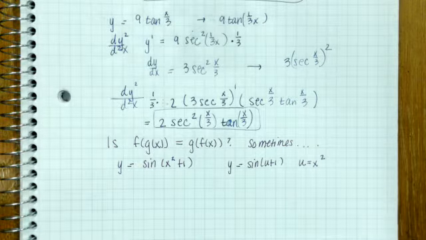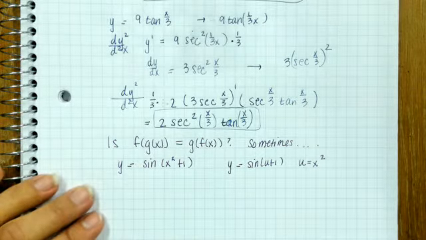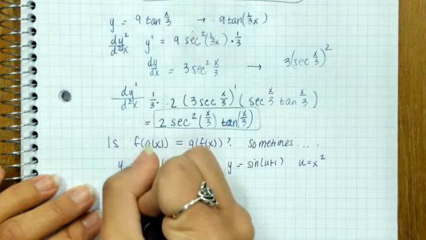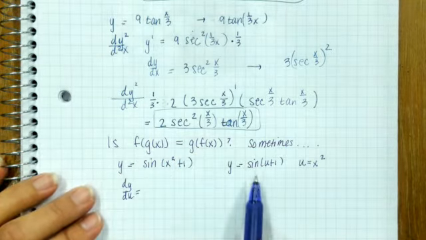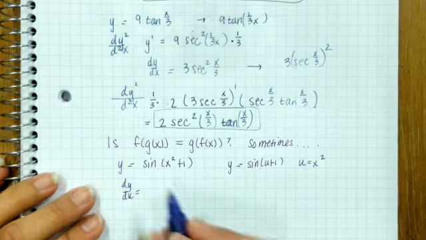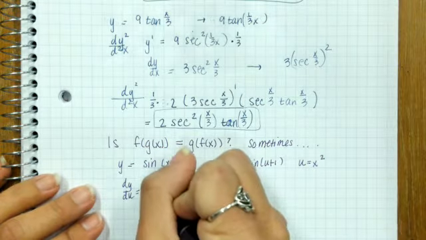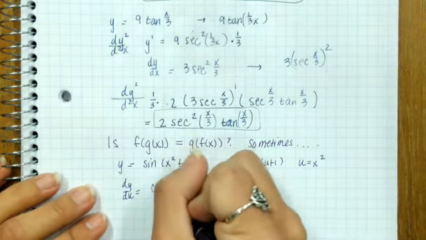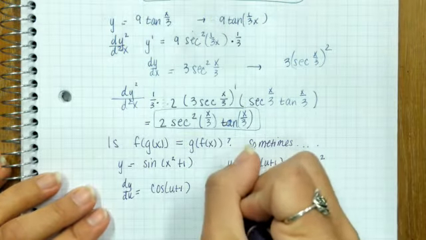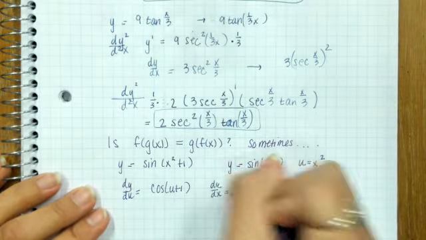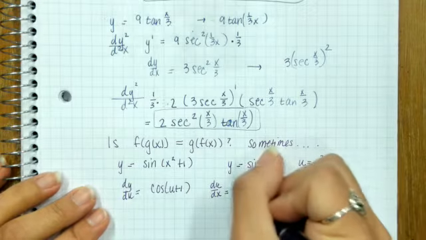So by the chain rule, dy du is the derivative of sine, which is cosine, and du dx is, by the power rule, 2x.